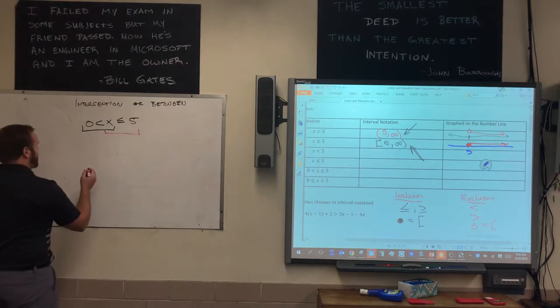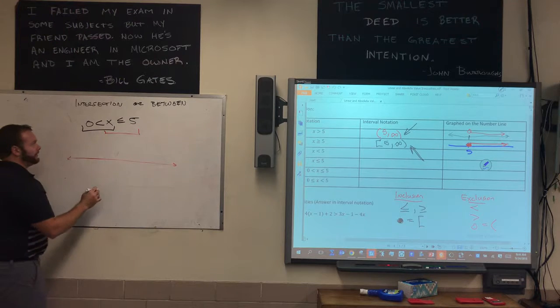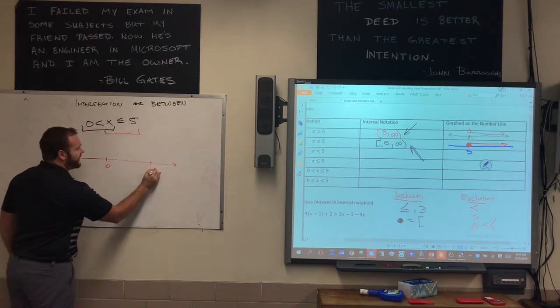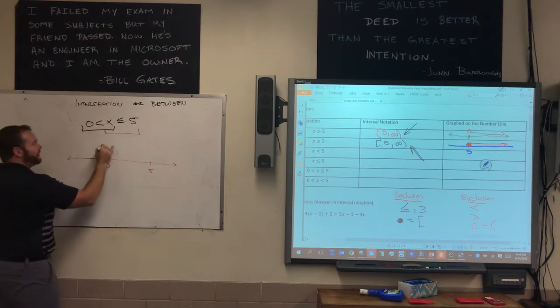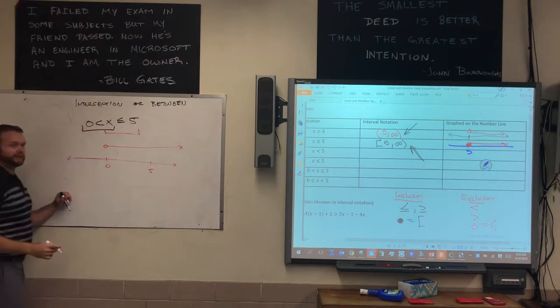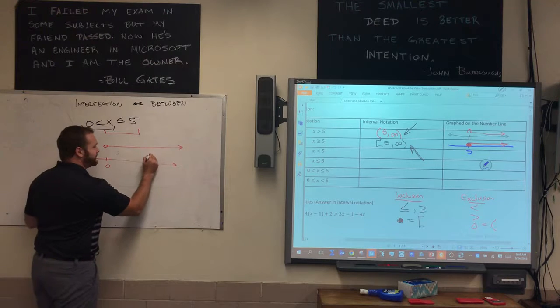So, graphically speaking, you guys might have done this before. If I put 0 there and 5 there, if I just go off of x is greater than 0, you probably drew something like that, right? And if I said x is less than or equal to 5, you probably did something like this.